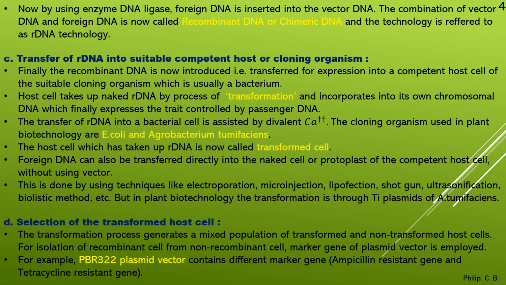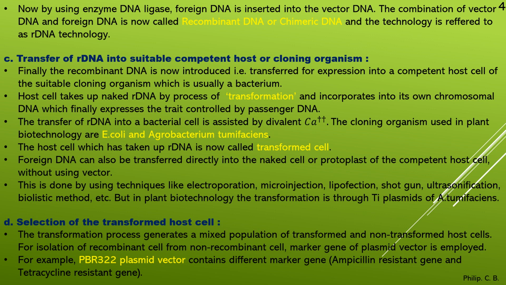Foreign DNA can also be transferred directly into the naked cell or protoplast of the competent host cell without using a vector. So here it can be transferred even directly into the protoplast of the particular host cell. This is done by using techniques like electroporation, microinjection, liposome-mediated transfer, shotgun, ultrasonication, and the ballistic method.